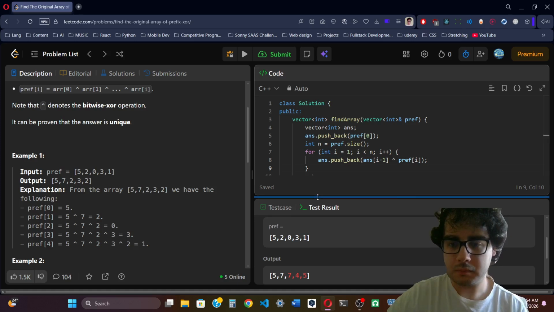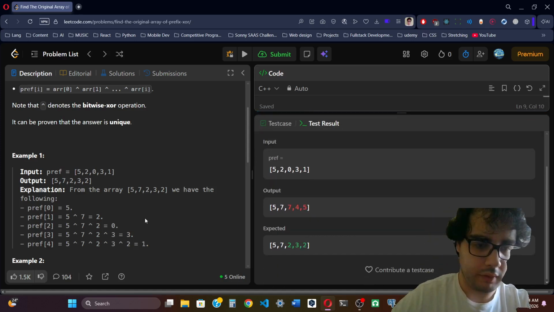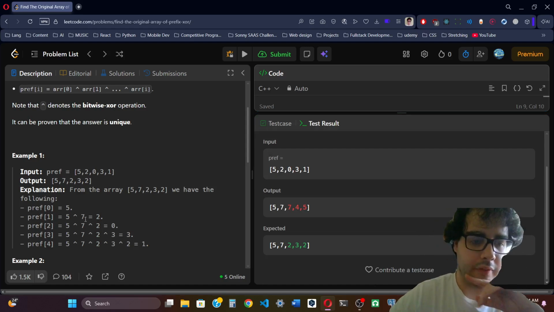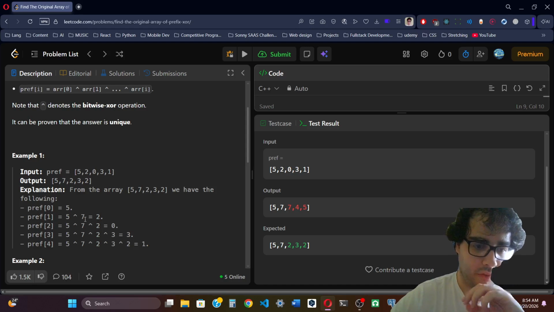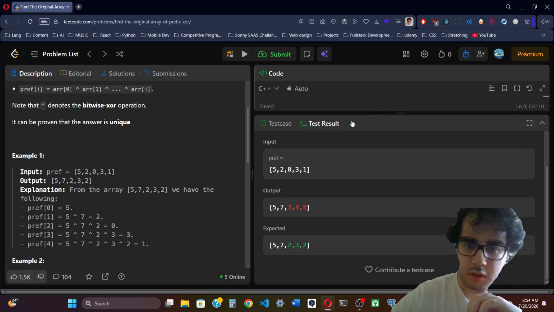Then it has to be 5 XOR 7 XOR 2, actually.